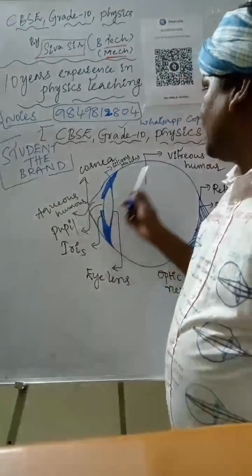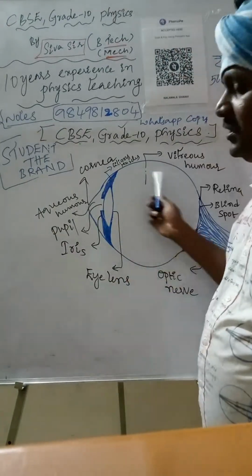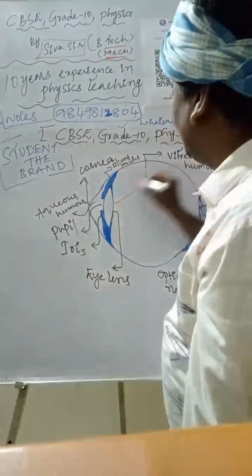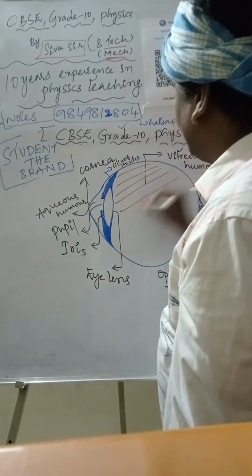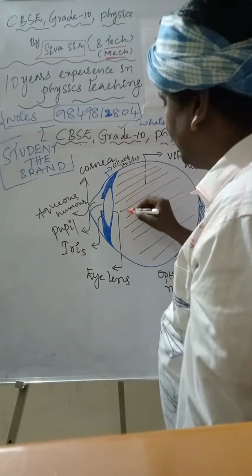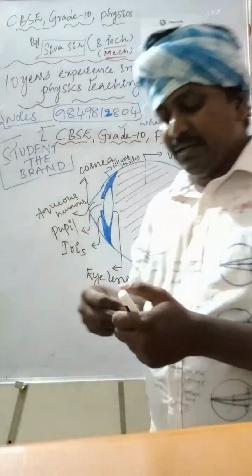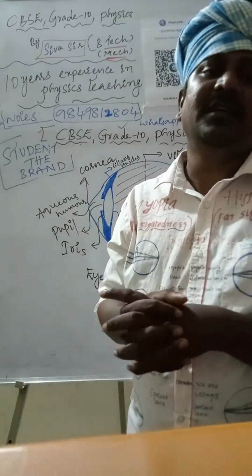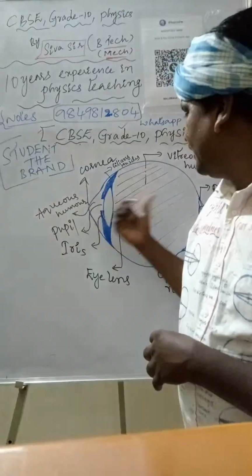And coming to the vitreous humor, this portion is completely considered as the vitreous humor. Vitreous humor is nothing but a jelly type liquid present between the eye lens and retina.